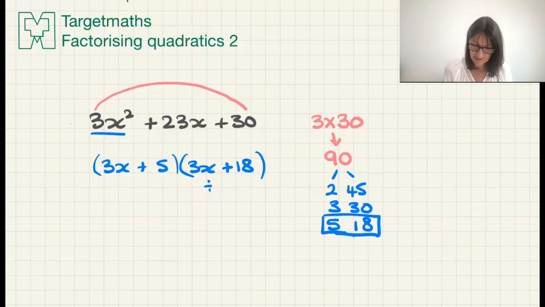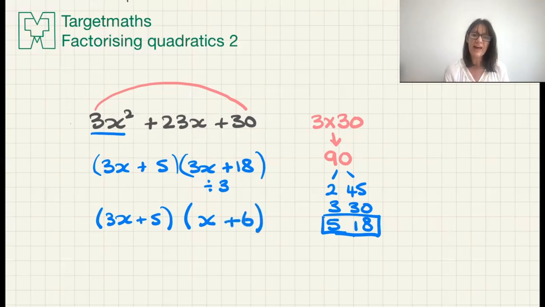So I'm going to divide by 3 and rewrite that I've got 3x plus 5. And 3 divided by 3 is 1. So I've got x, and 18 divided by 3 is 6. There we go. And that is my finished final answer.